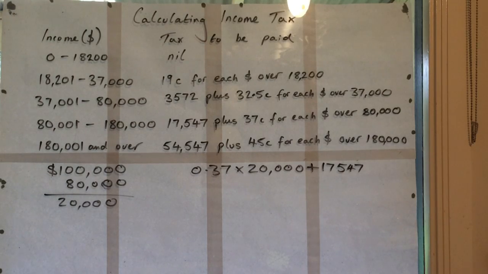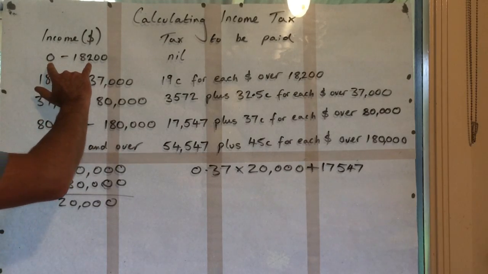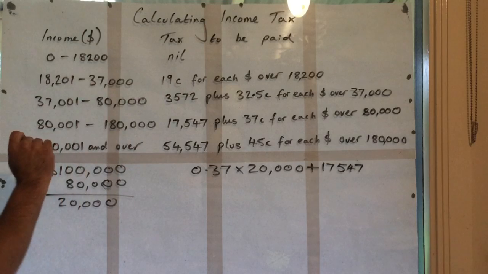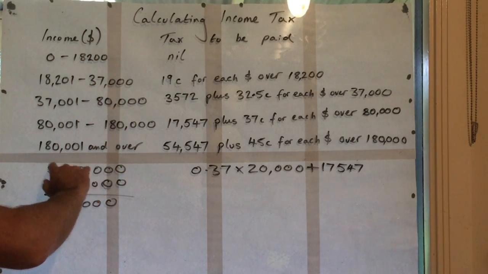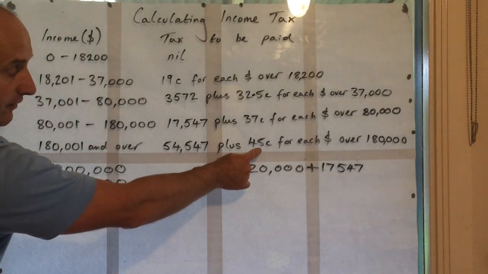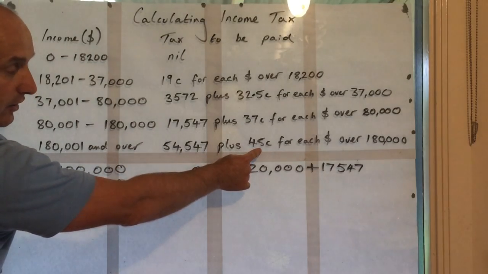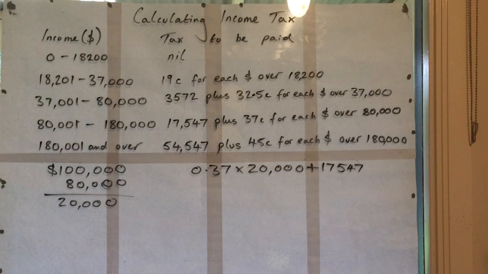You can see also a pattern here. You can see that if we're a low income earner, we don't pay a lot of tax. And the more money we earn, the higher the rate of tax we have to pay on each level. Okay, so that's one of the things that we have to really focus on.